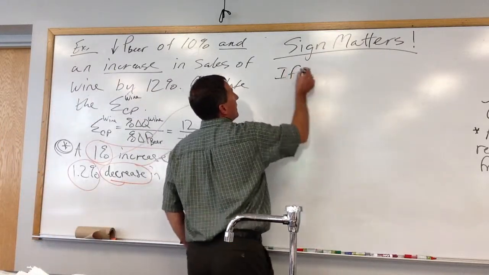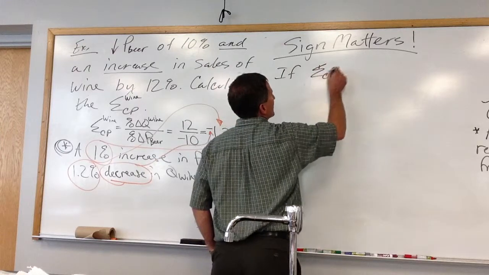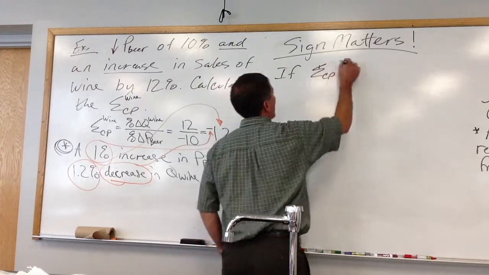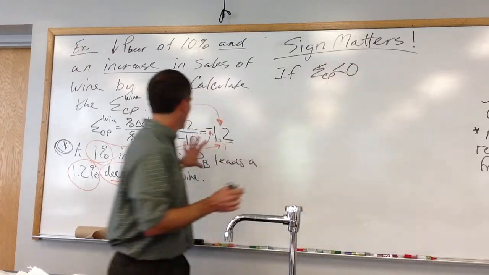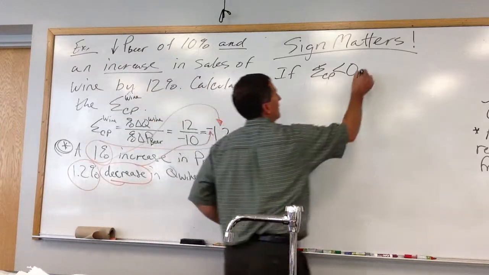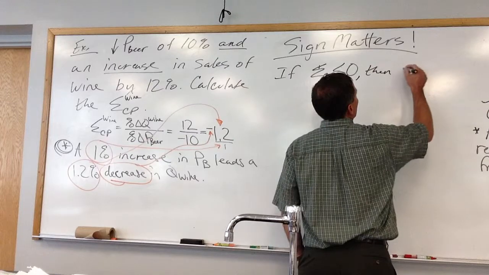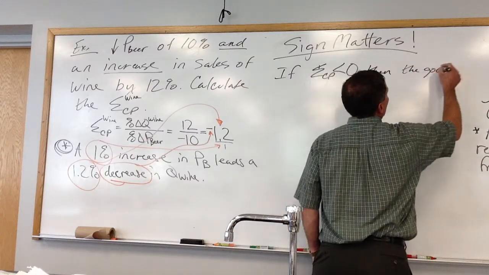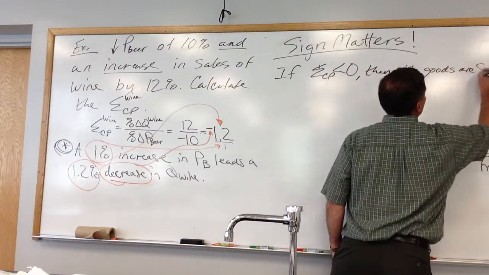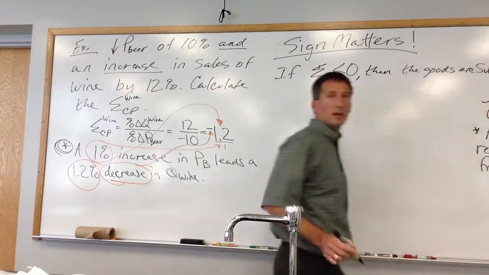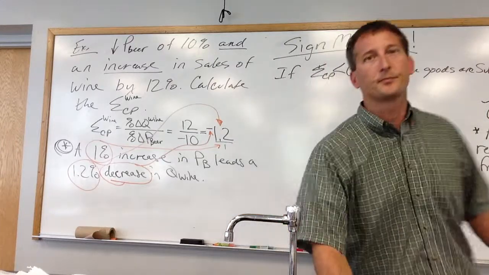So if the cross price elasticity is less than 0, I'll just kind of follow with what we just did here, then the goods are substitutes. The goods are substitutes.